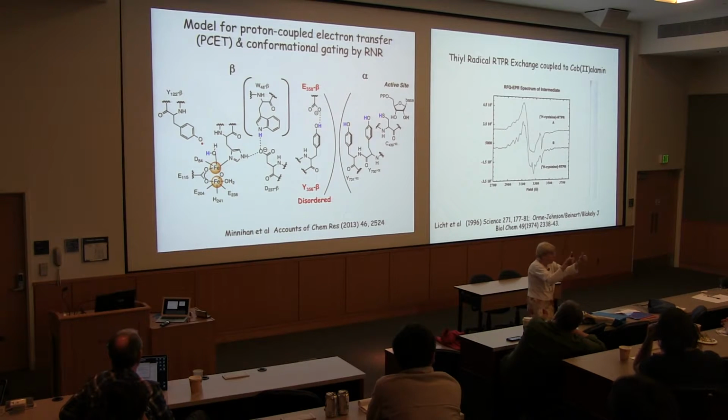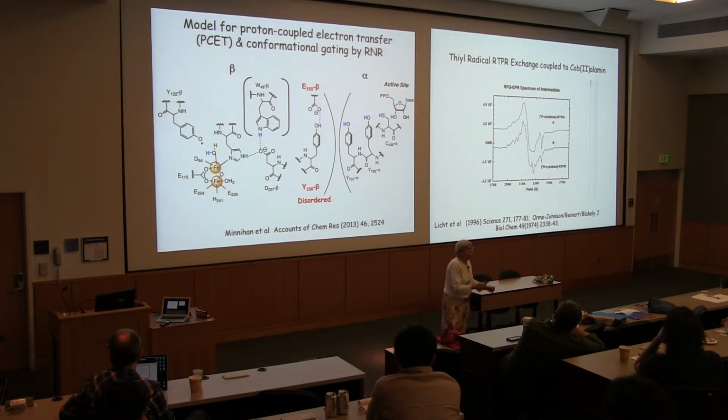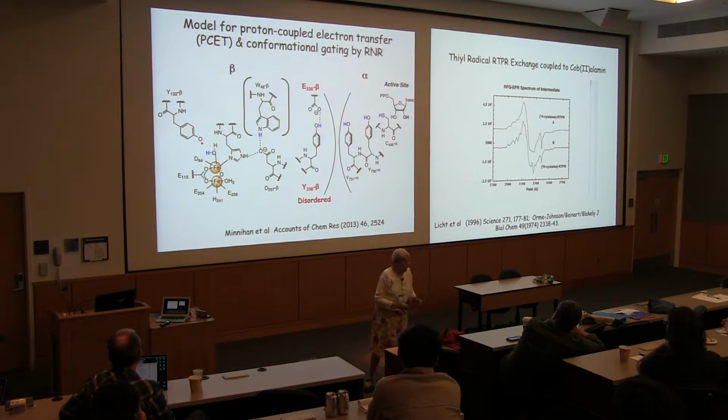And you can see marked sharpening of the hyperfine features on the cobalt, telling you these guys are interacting. Okay, we did this in the normal substrate and with the effector. If you quantitate the spin and you compare the amount of cobalt-2 by stopped flow, and you look at the spin, you get 2 spins for 1 cobalt-2, again, suggesting you have 2 radicals.